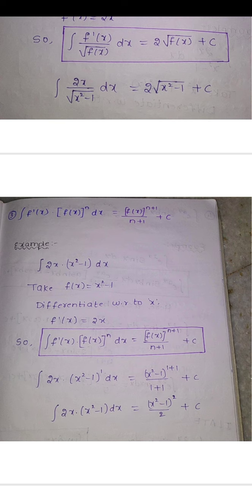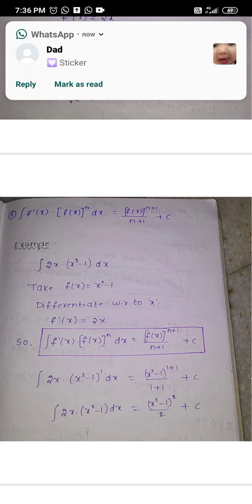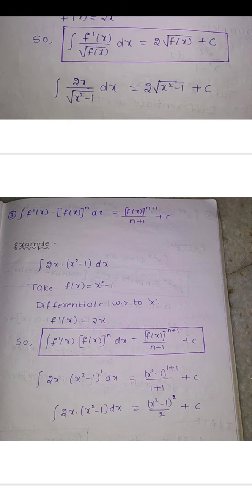What is the formula? Integral f dash of x into f of x whole power n dx is equal to f of x whole power n plus 1 by n plus 1 plus c. What is f dash of x here? 2x into f of x, x square minus 1 whole power 1 dx. Why have I written whole power 1? In the formula they have given whole power n. Here power is not there.